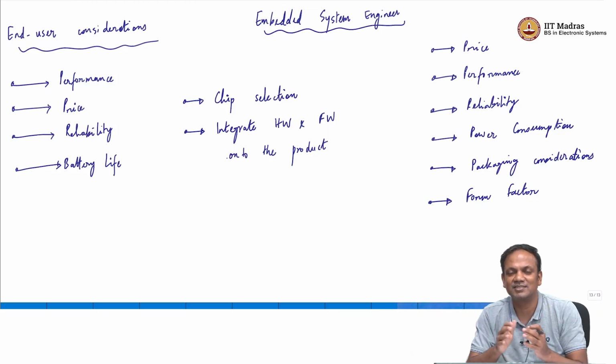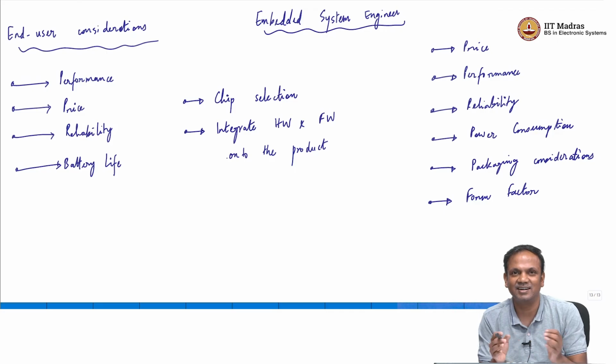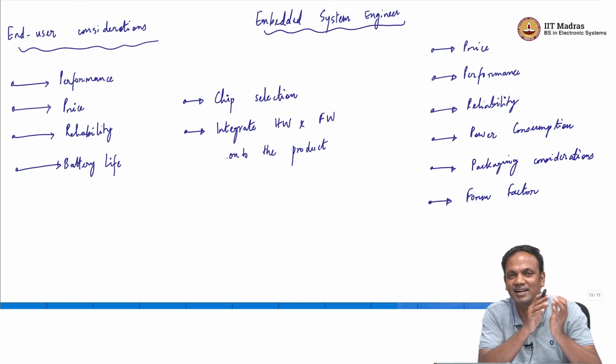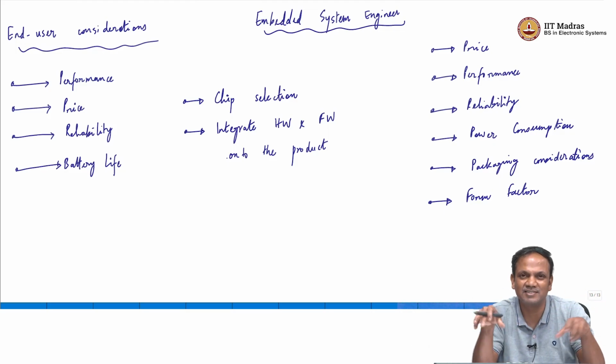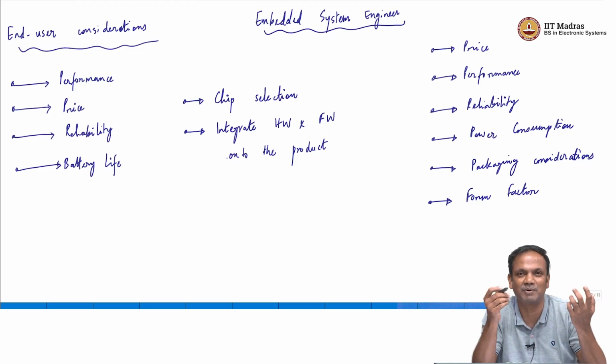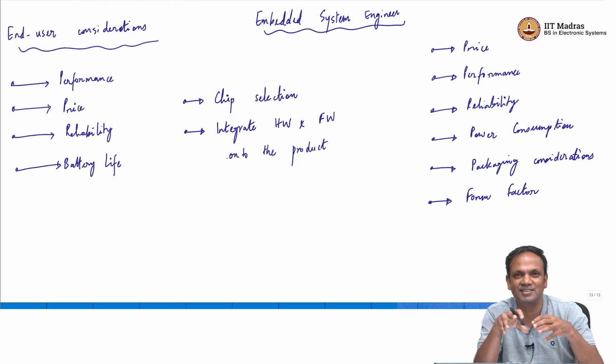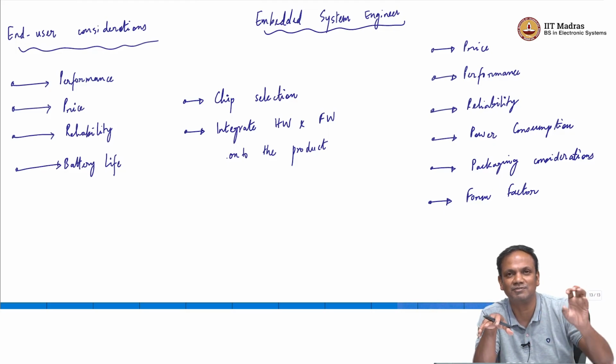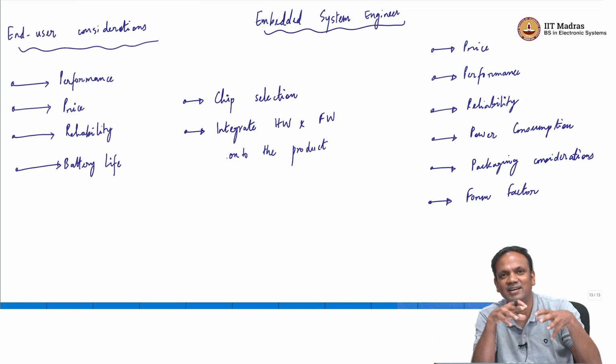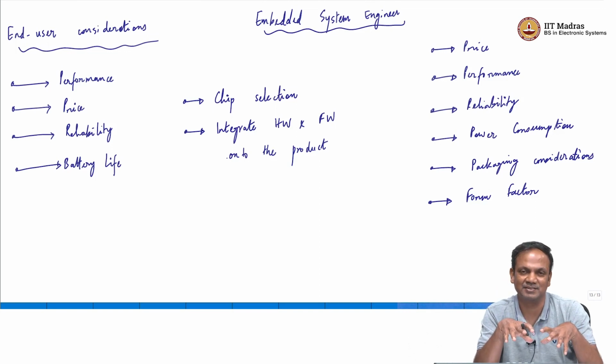So, again, for the system engineer, it is that realm of operation where you say, okay, now I have 6 different considerations that I have to keep in mind. With these 6 different considerations, I am going to go about the process of chip selection and chip and firmware integration, right.